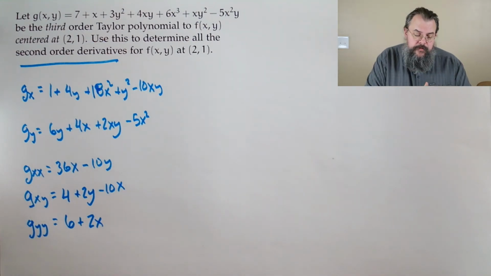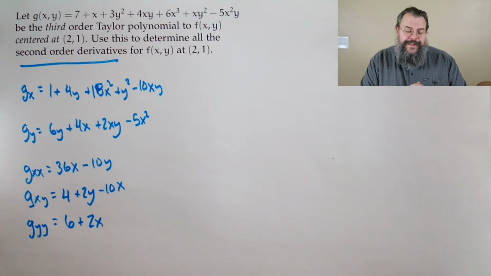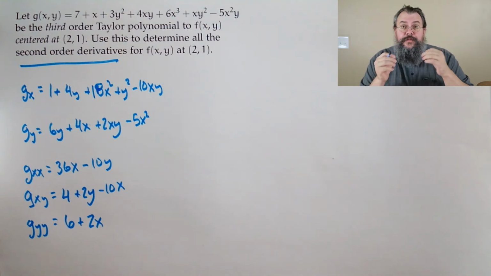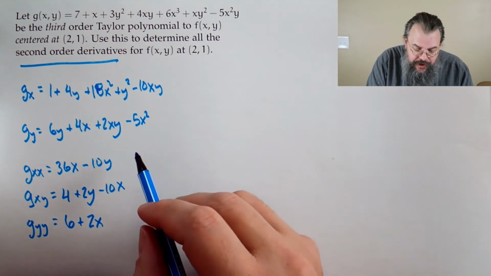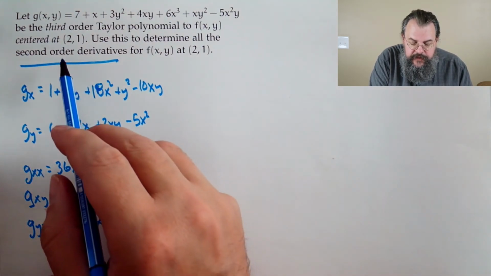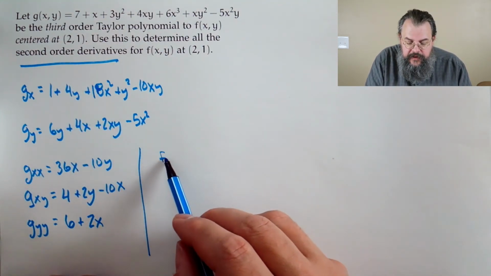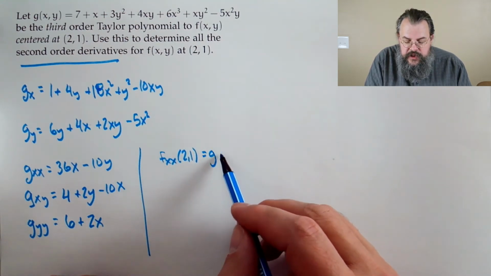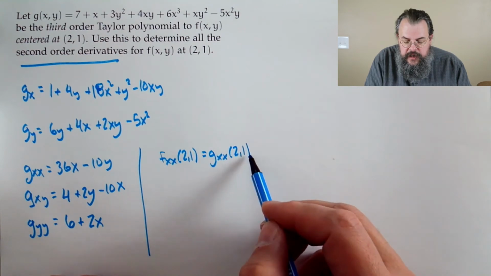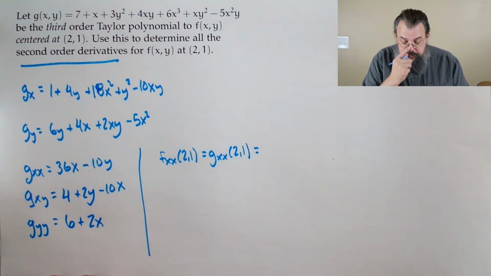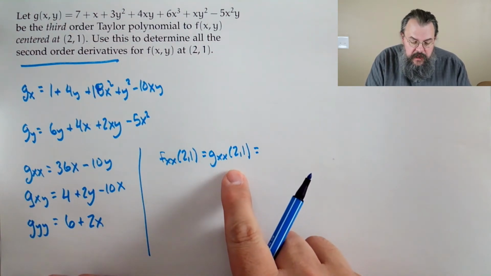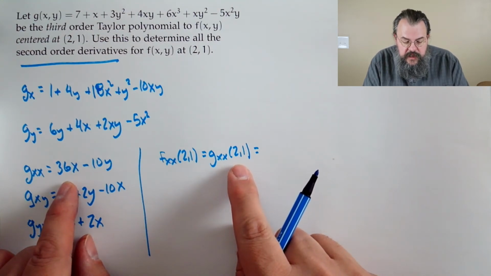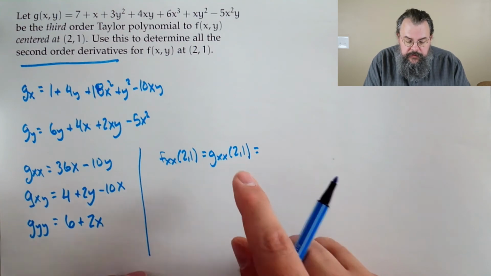All right. So there we go. Now, what's the key? The key is derivatives match. So we can say, we're only after the second order derivatives, fxx at (2, 1) is going to be this gxx at (2, 1), which is going to be, I'll put it in, 2 times 36 minus 10 times 1.